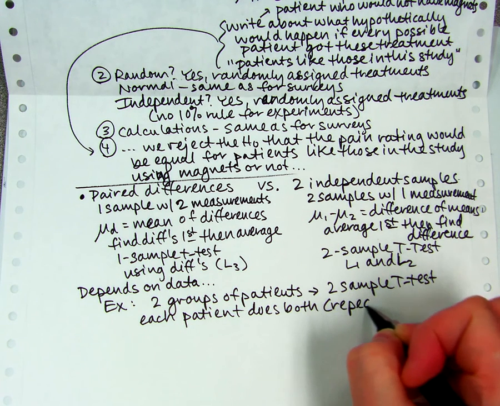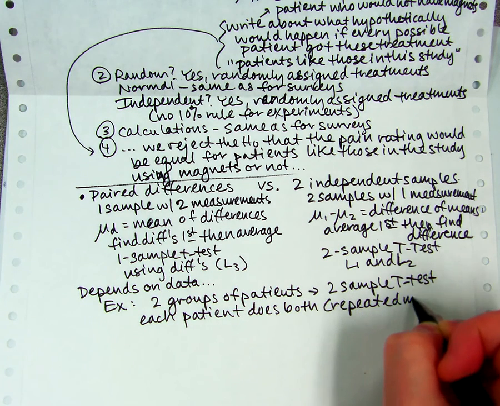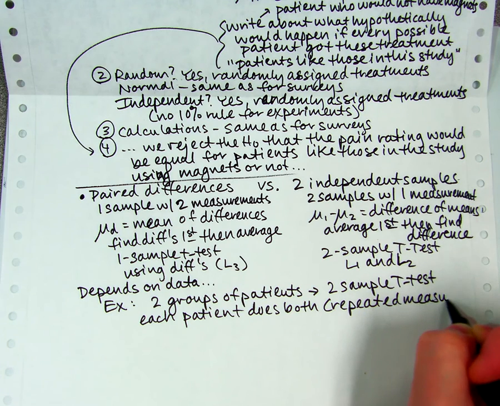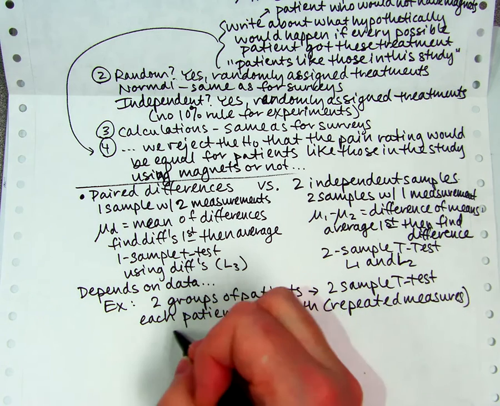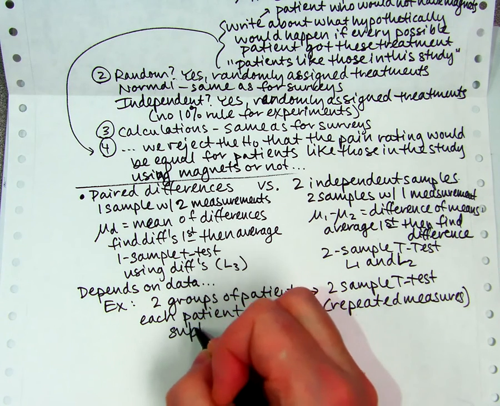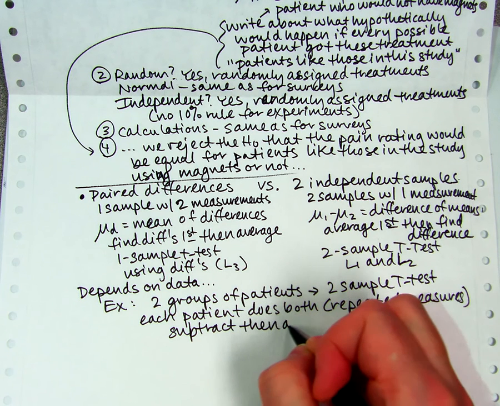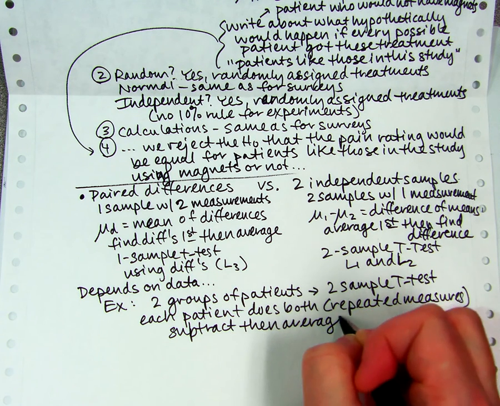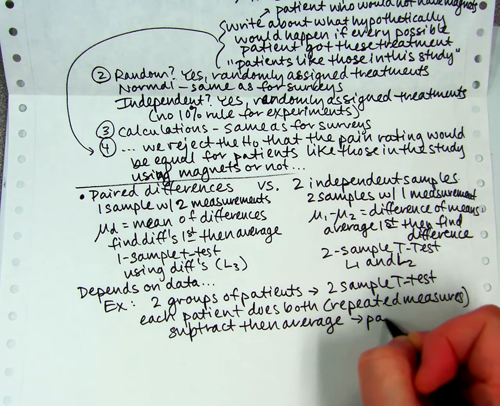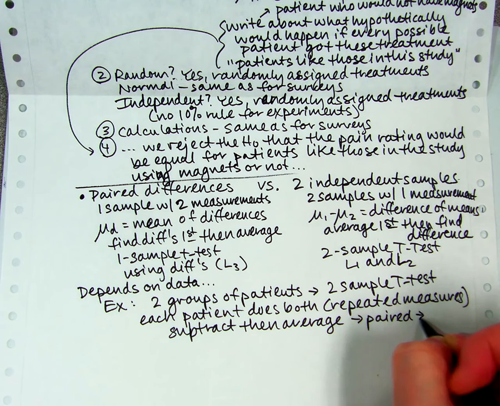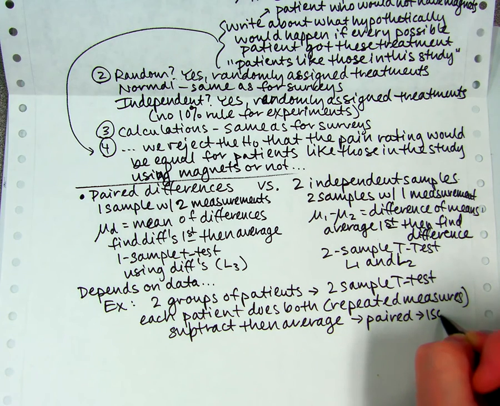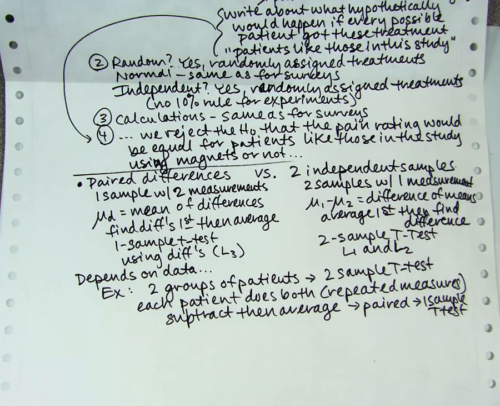That's called repeated measures when they each do both. Type of matched pairs. That's when you subtract, then average. Paired data, one sample t-test. I think the calculator just calls it a t-test, actually.